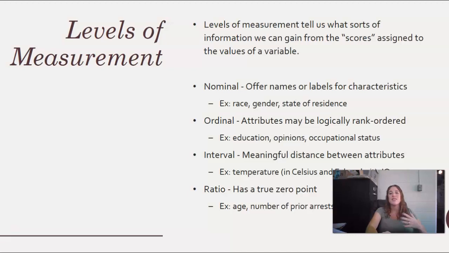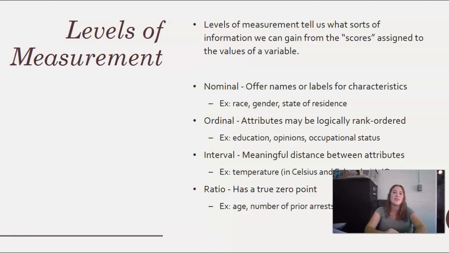So because of this, the 0 is considered an arbitrary point, and so we can't say that one is twice as hot as another one. We can't give you the ratio. We can only tell you what the difference is between the two numbers. So, 40 degrees is 40 degrees warmer than 0 degrees.